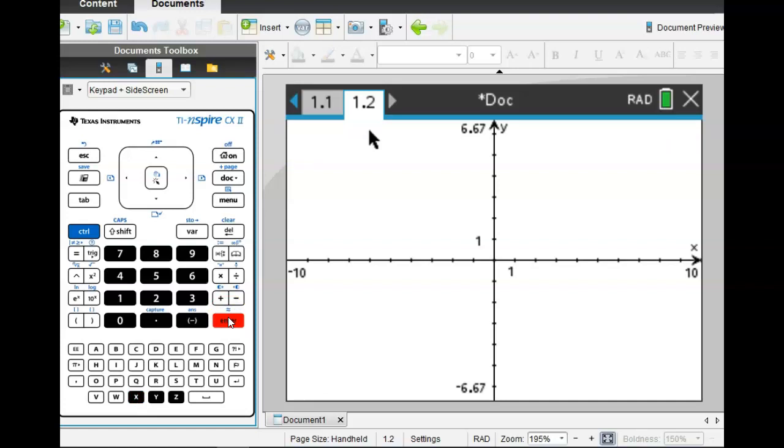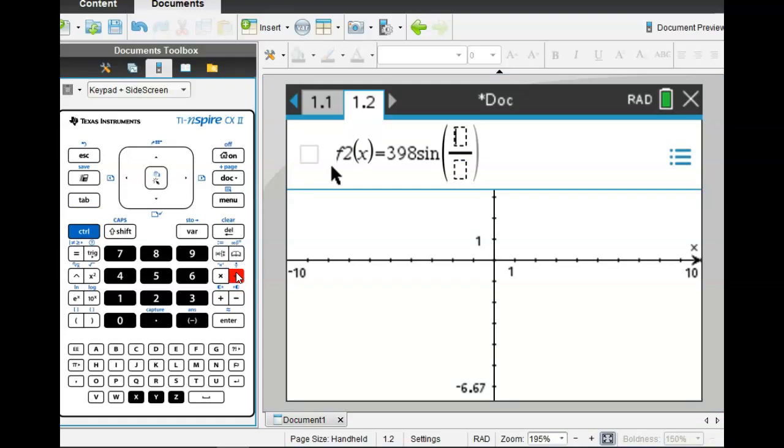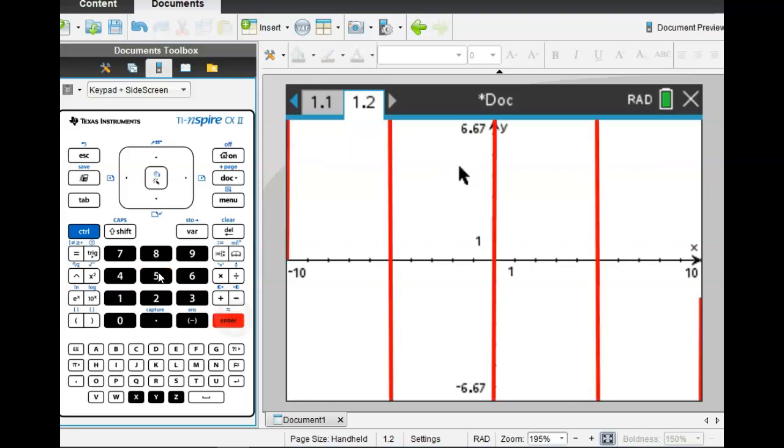Then in F2, tab to get that. 398 sine pi. Pi is down here to the left of the H. Double check myself. Hit enter.